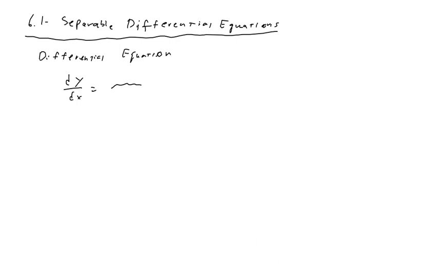And this dy dx is the slopes. This is all the slopes. Sometimes instead of dy dx, we say this is y prime. dy dx, y prime. Same kind of thing.